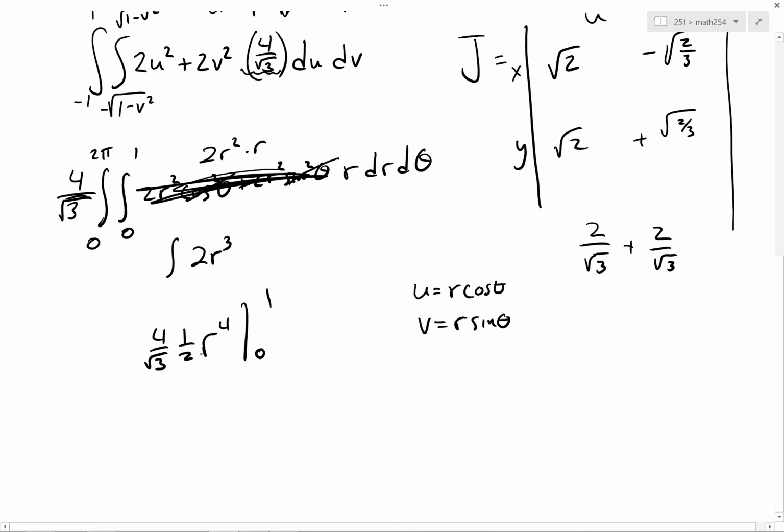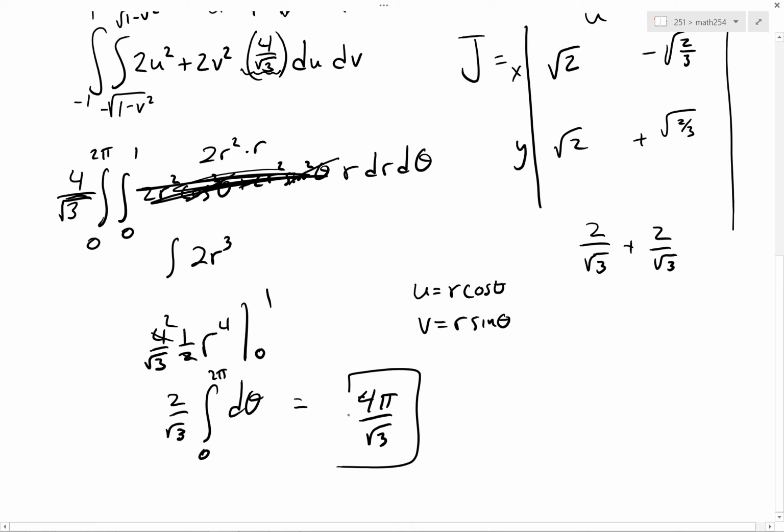So, of course, that's just 1. So then it's 2 over the square root of 3. Okay, that's what you'll end up with here. And then from 0 to 2 pi of d theta, so that's just theta, so it's going to be 2 pi times that, so it's going to be 4 pi over the square root of 3. Okay, answer.